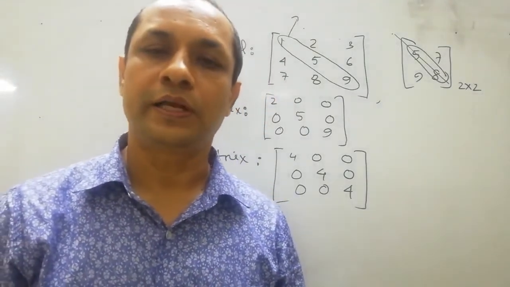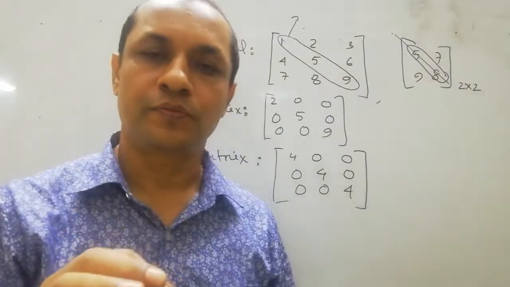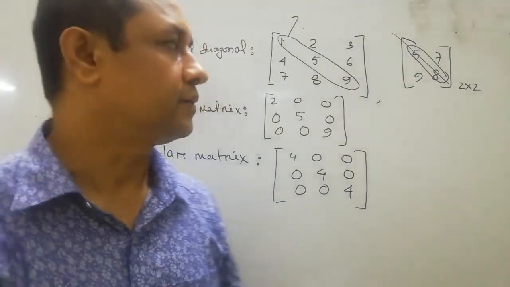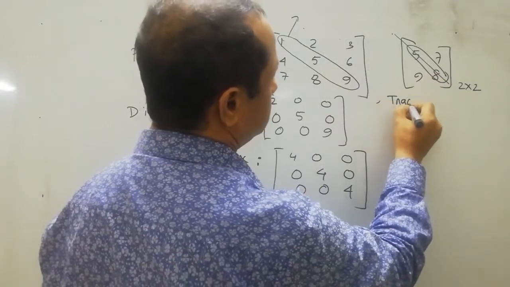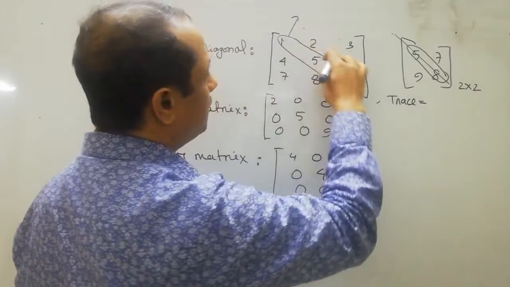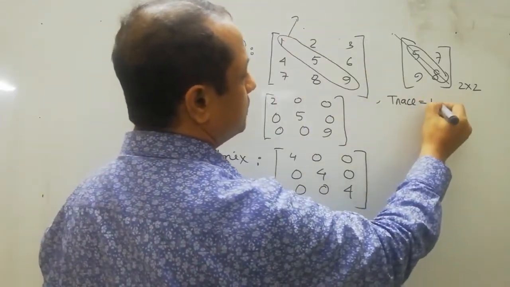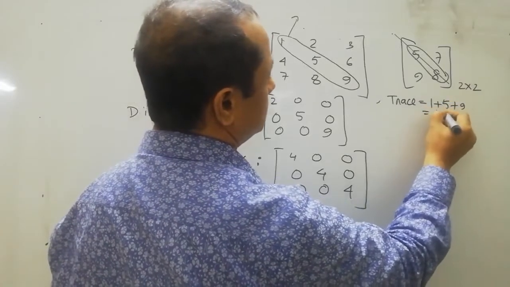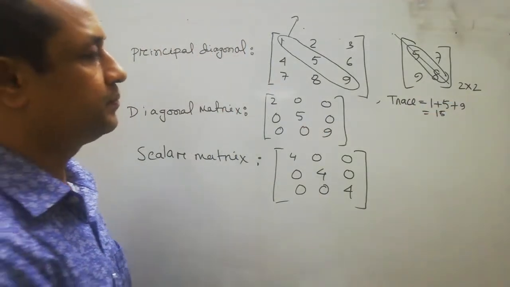Then trace of a matrix: the sum of all entries in the principal diagonal. Here, students, trace equals the sum of all the entries in the principal diagonal. So 1 plus 5 plus 9, so the trace of the matrix equals 15.